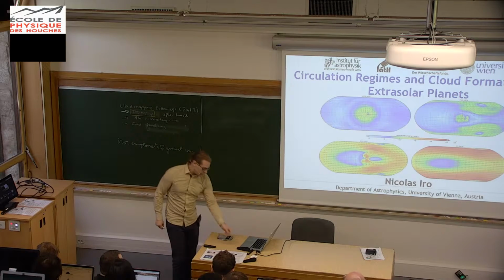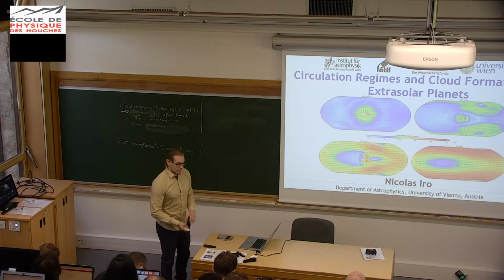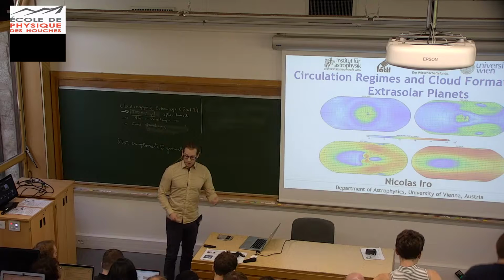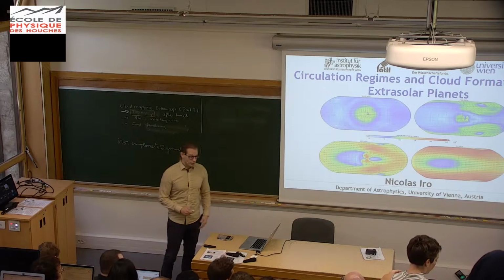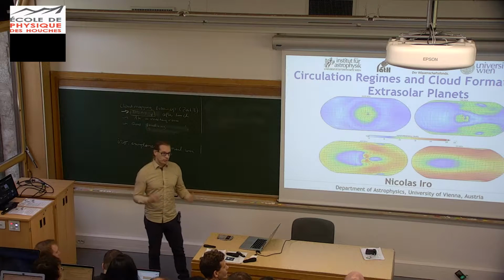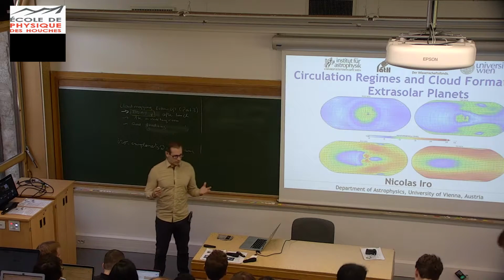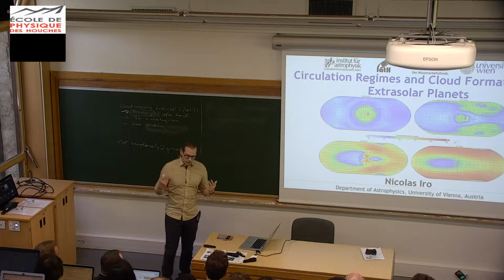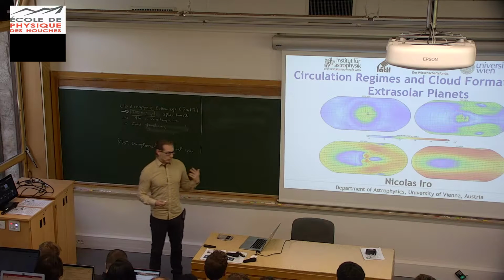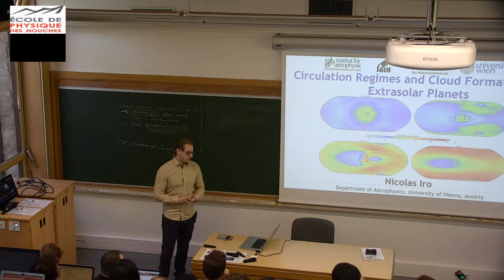It was not so easy to make this presentation because we already talked quite a lot about clouds and circulation, and I know we will have some upcoming talks about that too. So I tried to give you an idea, not so much of a very big question answered by such a method, but more of the question I was asking myself when I wanted to approach clouds for my GCM.